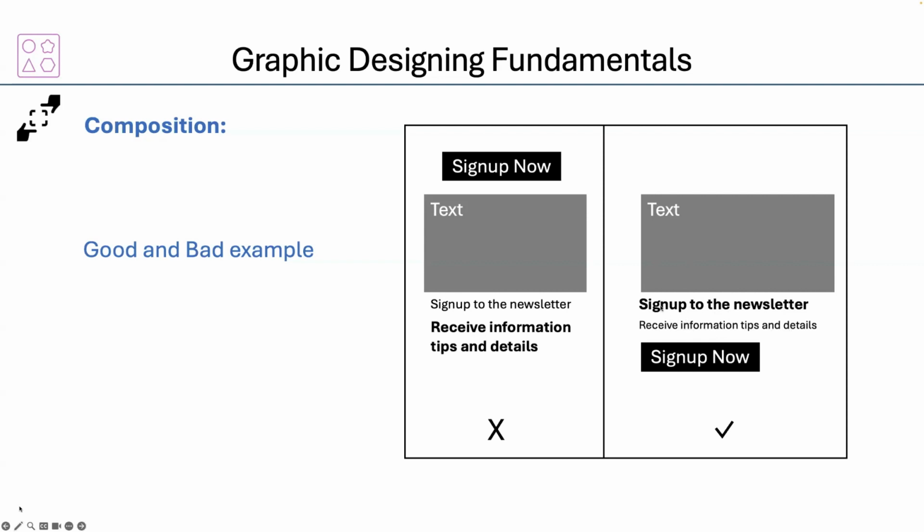This is the description of the first line, so I can ignore it if I want, and then there is sign up. Now I get the sense of this design: there is text, sign up for the newsletter, and here is the button. This is how you compose your document, and it is called composition.